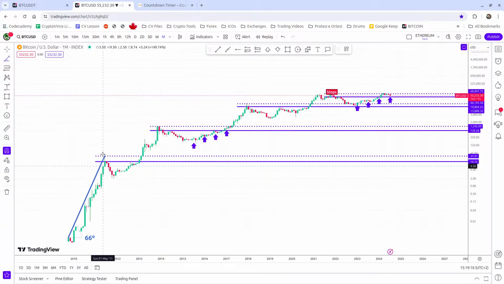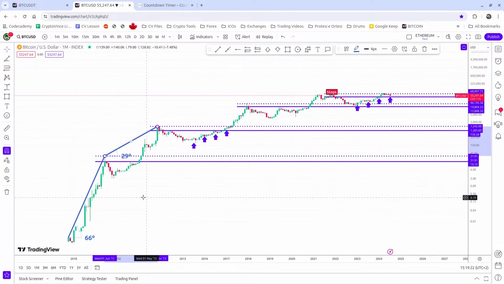If I trace from this high to this high, we have a 29 degree angle. So the run looks like it is slowing down. I mean, it's going on a different angle and it's taking longer for price to reach a higher level.